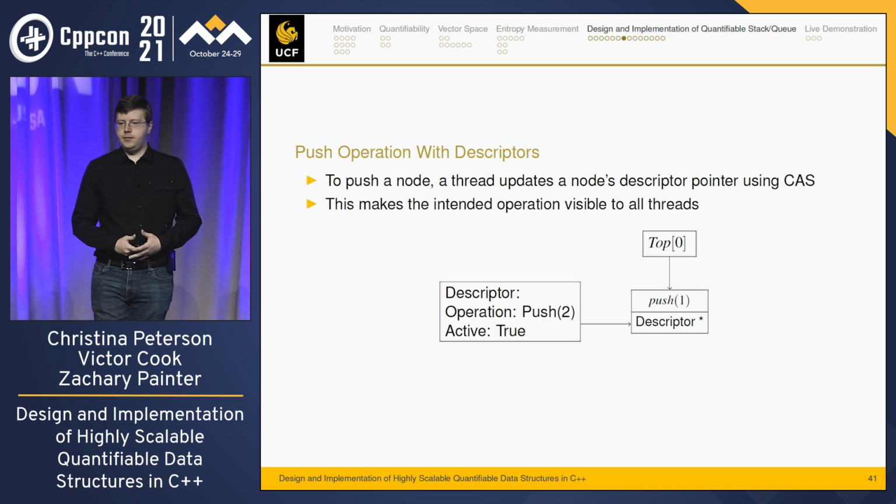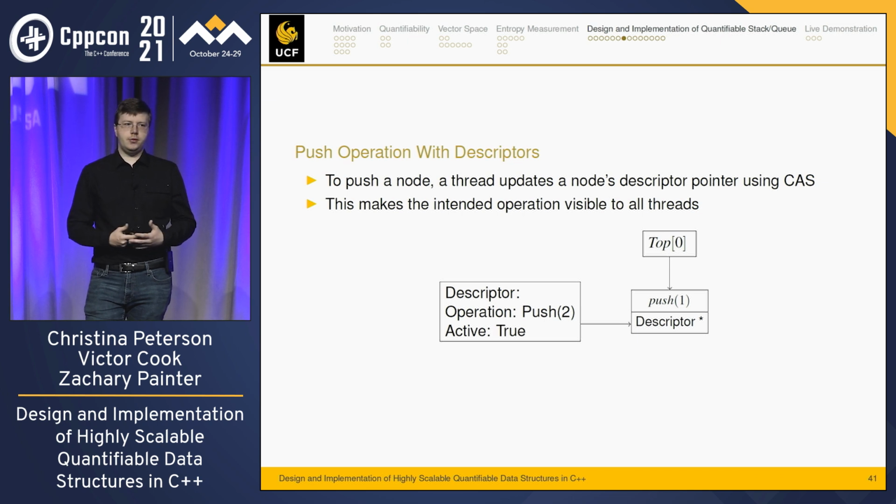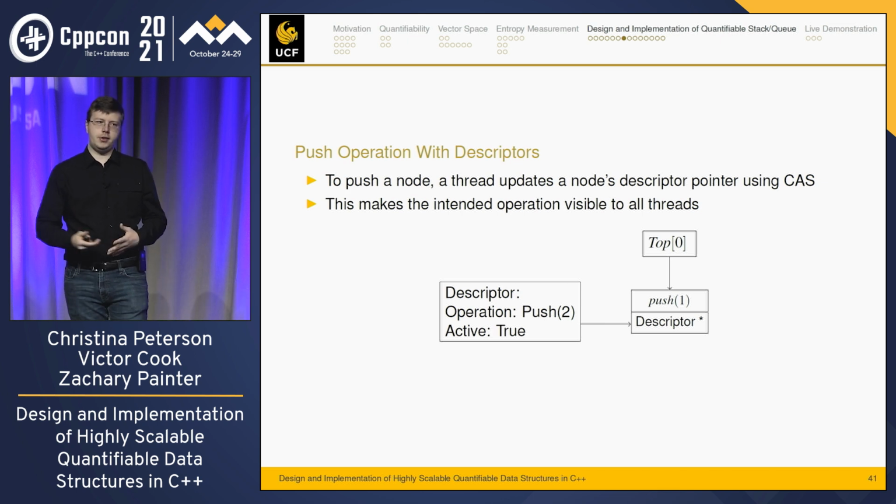So in this case, we have a thread attempting to push 2. It's going to add its descriptor to the current top of the stack, and by doing so, it makes its operation visible to all threads. At that point, any arbitrary thread could actually finish this operation because it has everything it needs to understand what the operation is and how to do it.